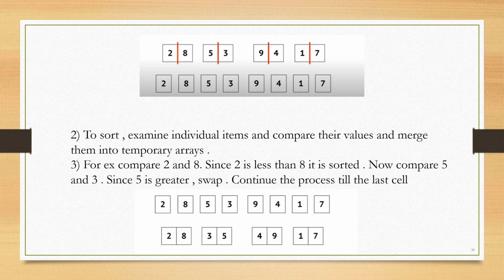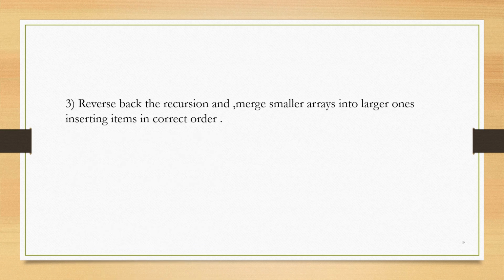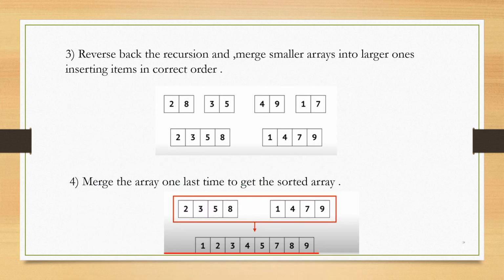Now to sort the array, we will follow the reverse recursive technique. To sort, examine individual items, compare their values and merge them into temporary arrays. Following reverse recursion, compare 2, 8, 5, 3, 9, 4, 1, 7 in such a way that the lesser element is to the left and the greater element is to the right.